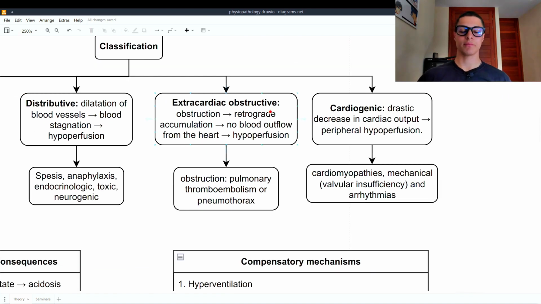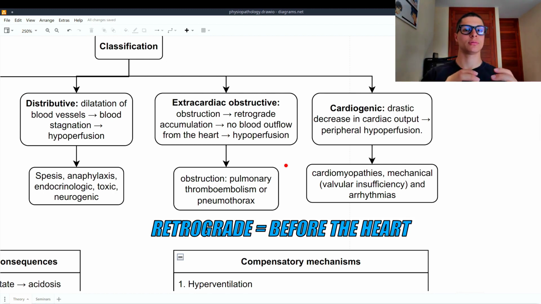Extracardiac obstructive is when there is an obstruction. There is a retrograde accumulation, no blood outflow from the heart, and therefore hypoperfusion. Imagine that there is an obstruction and the blood continues to flow until that obstruction. Then it will continue to build up and there is an accumulation, a retrograde accumulation.